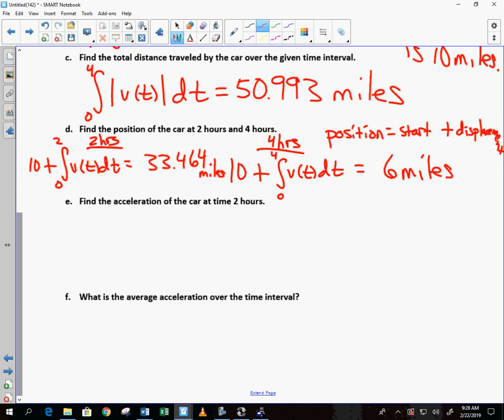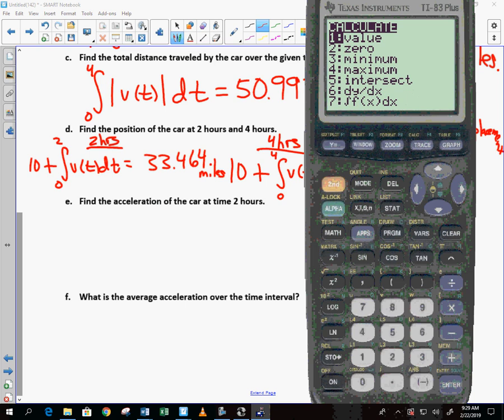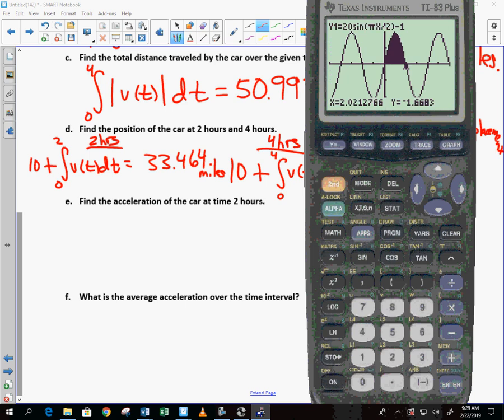So you said the derivative of the velocity function. Isn't this my velocity function? How do I find the derivative with my calculator? Second, calculate, 6. No, 0 to 2 would be an integral. What time are we trying to find the derivative at? At 2. It's just 2.